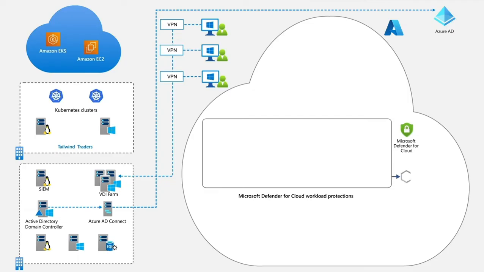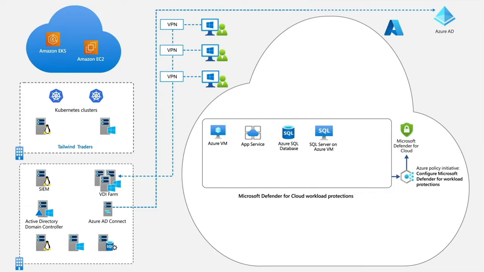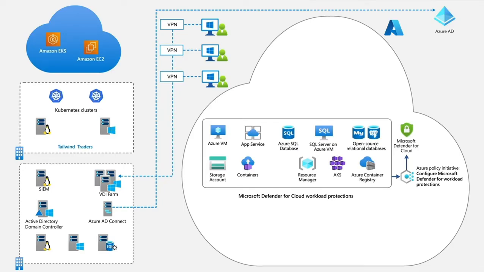Basic CSPM features are enabled for free within each Azure subscription, yielding an immediate benefit to cloud-based workloads, including Azure VMs, SQL Server on Azure VMs, Azure App Service, Azure SQL Database, open-source managed relational databases such as MySQL and PostgreSQL, Azure Storage, Azure Container Instances, Azure Container Registry, Azure Kubernetes Service, and Azure Key Vault.